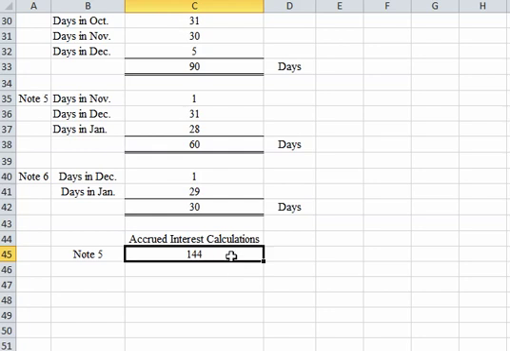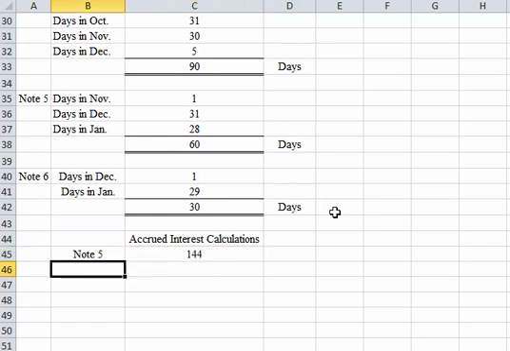So let's talk about how we did that one more time. We said $27,000, the face amount on note 5, times 6%, the interest rate on note 5. But this time, instead of picking up the full term of 60 days, we only picked up 32 days, the 1 day from November and the 31 in December. That's the number of days of interest earned in year 1 on note 5.